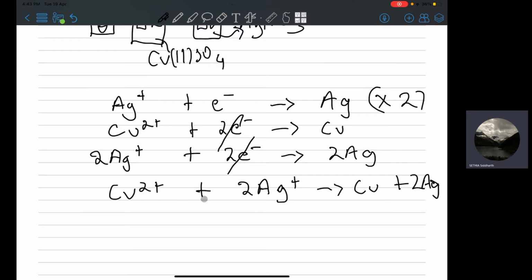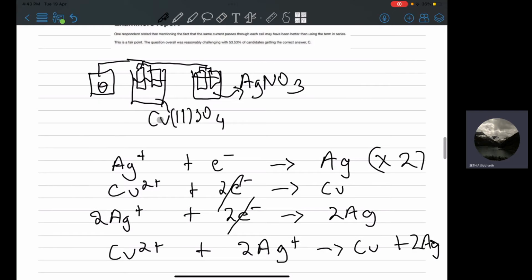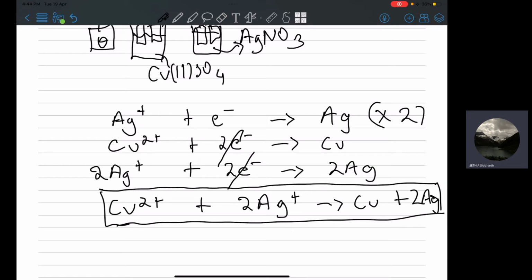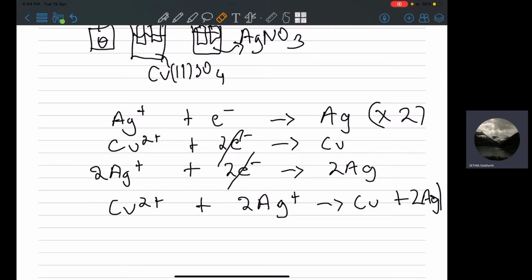The reason both species are able to get reduced is because we have this outside battery, which is providing the electrons, which allows them to be reduced. So this equation is only for explanation purposes. I do not claim that this is a correct equation, and hopefully you do not take this as something that I have done correctly.